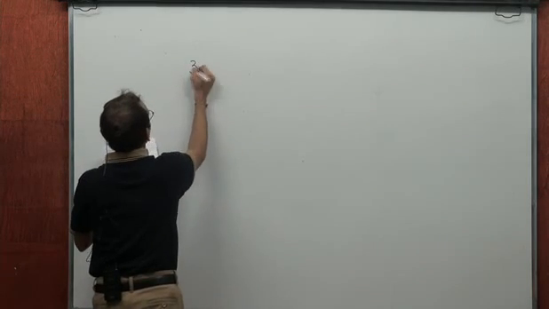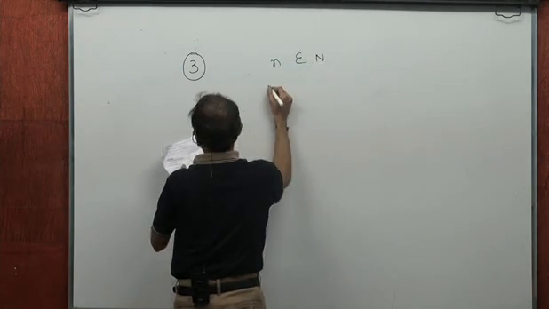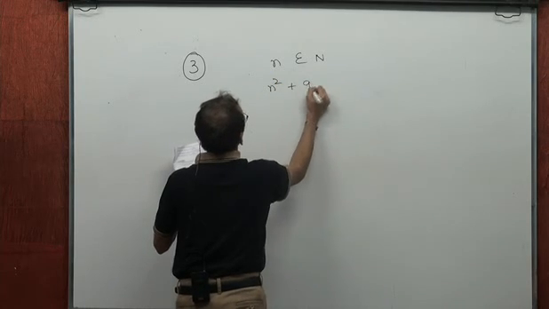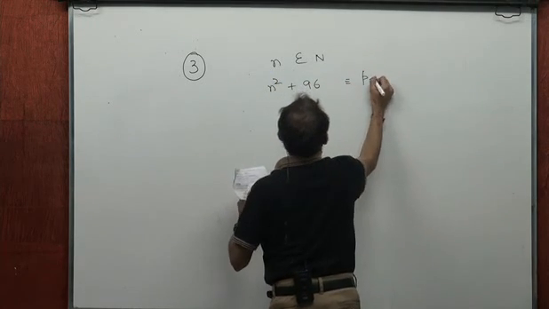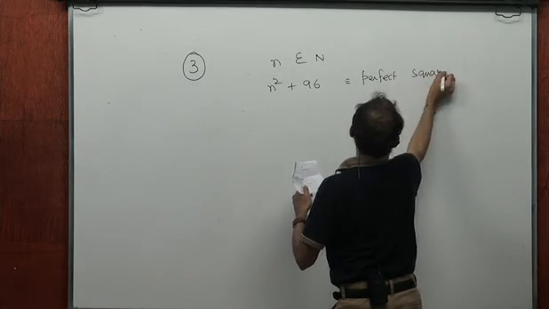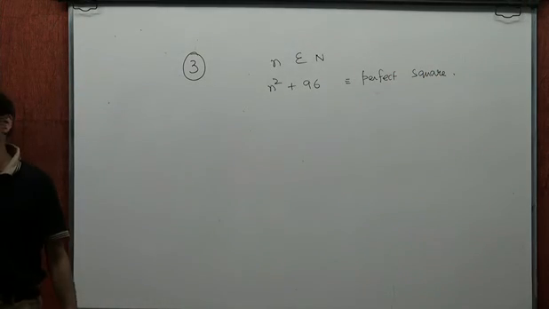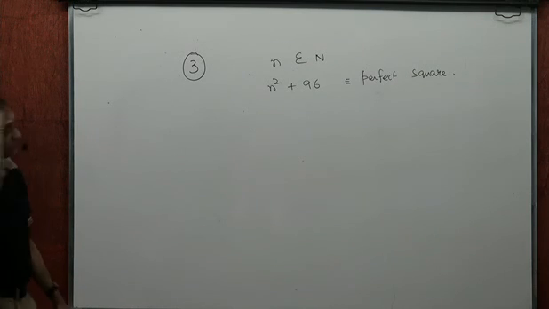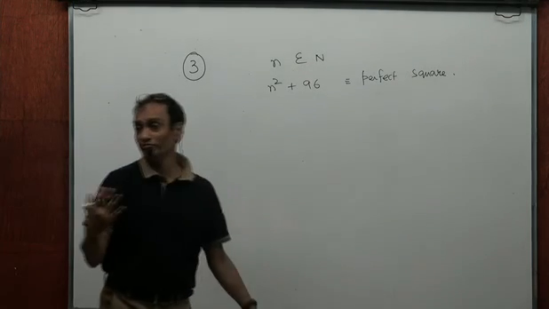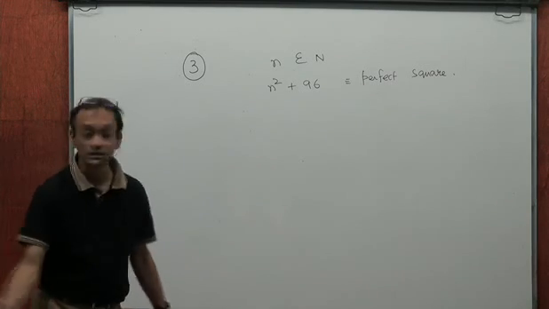In problem 3, we want to be able to find all natural numbers n for which n squared plus 96 is a perfect square. That means square of a natural number, square of another natural number. That's what it means, right?